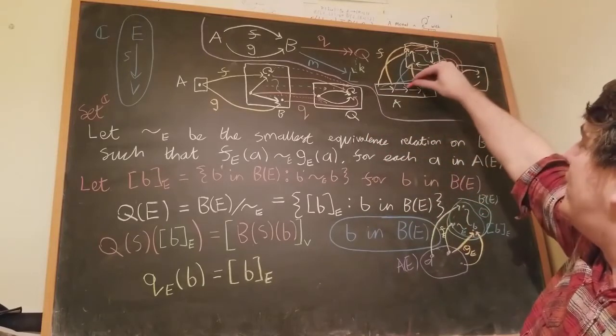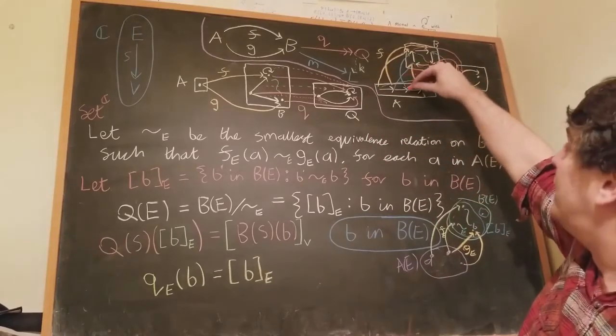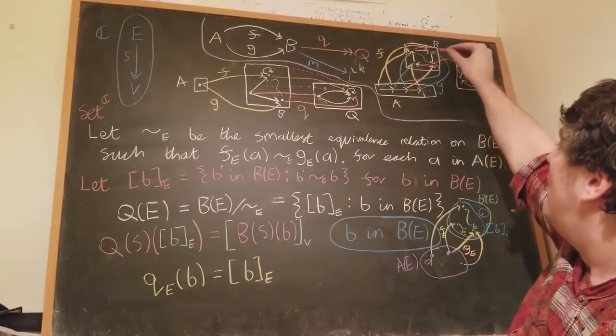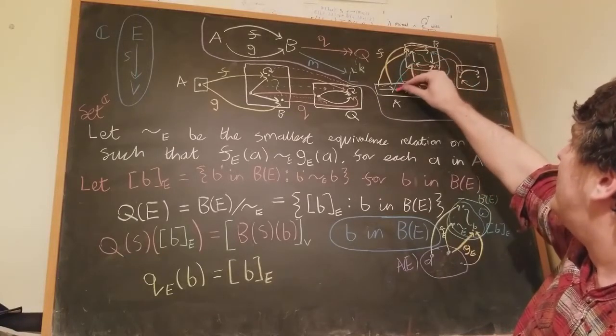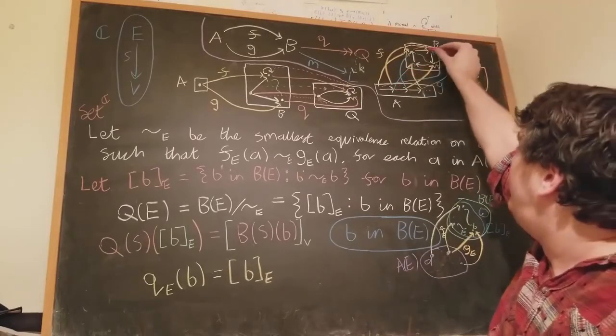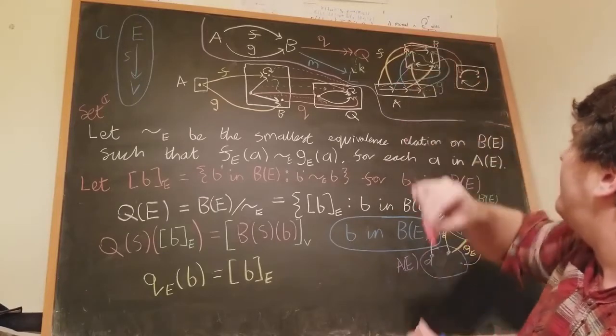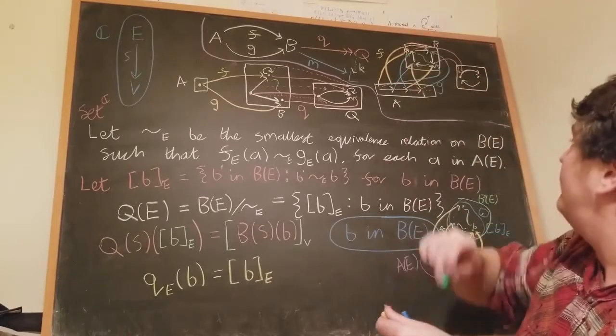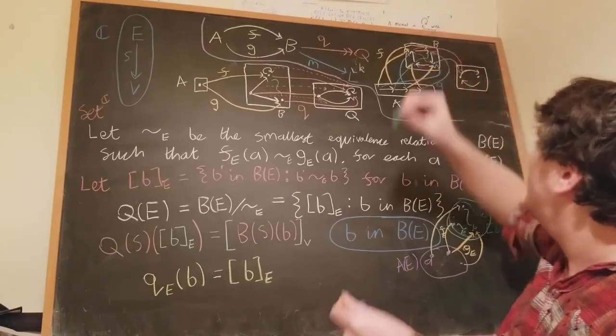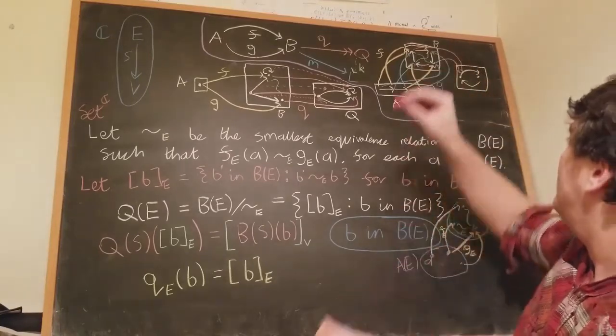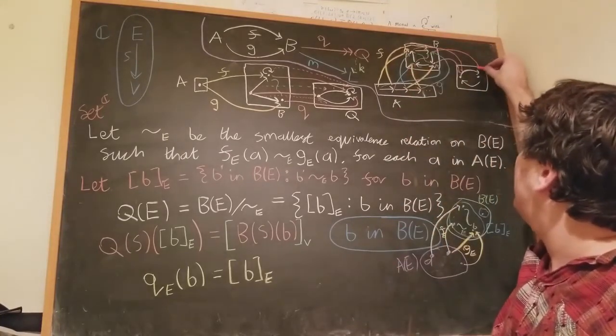That same identification is yielded by looking at this state here as well, and then looking at this state here tells us that these two states ought to be identified as well. So we know that those two ought to be identified, and they're both going to be sent over here.